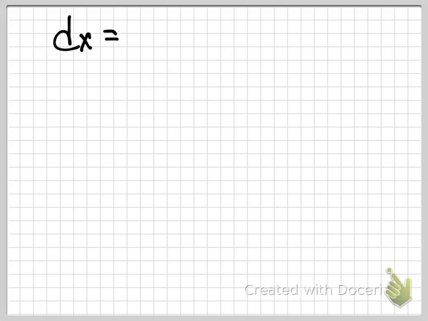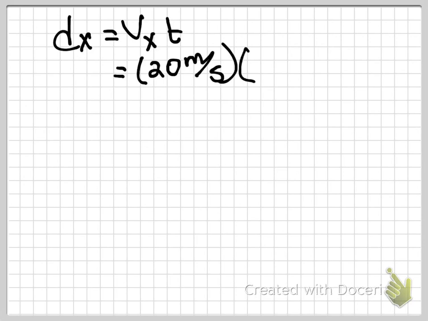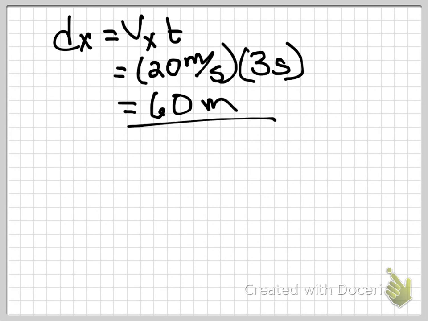So dx equals Vx times t, just like before. Vx is still 20 meters per second. Our time is 3 seconds now, as per the problem. So if it were flying for 3 seconds, it would have traveled 60 meters horizontally. Okay, 60 meters, so 20 more meters.